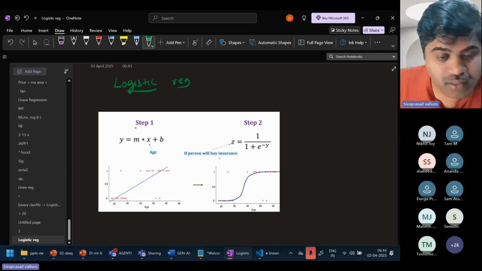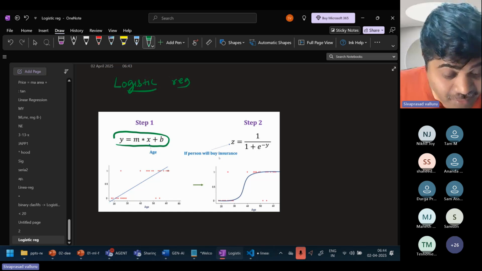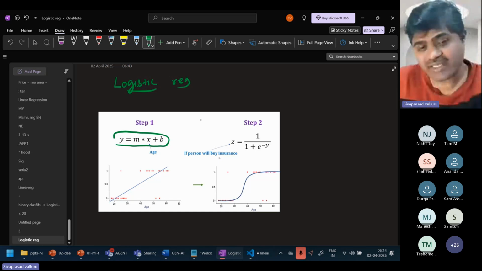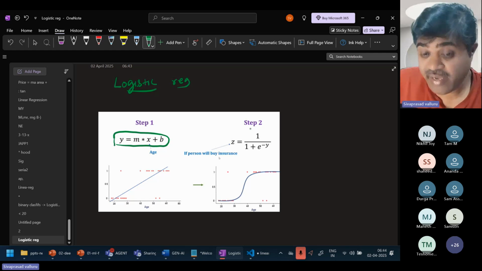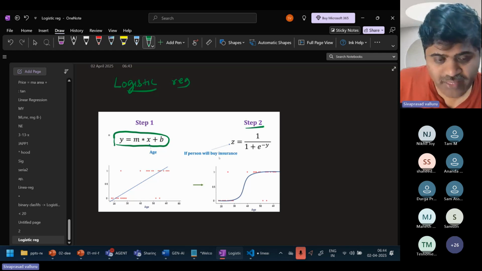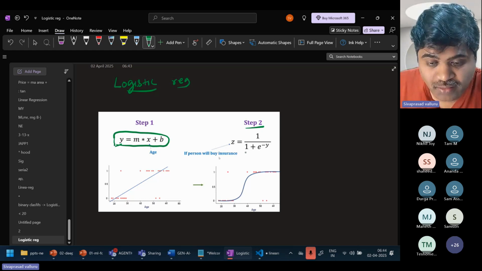The first step involves finding the equation of the line y equals mx plus b. This is step one. Just like linear regression, I'll predict the y value. Then step two is, once I predict the y value, I will pass it to a function.